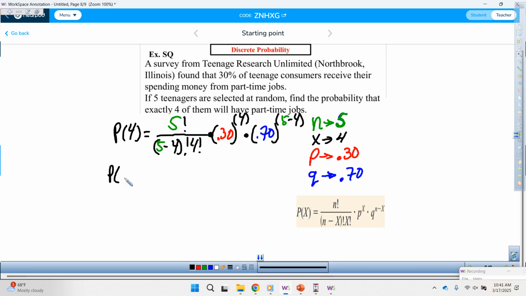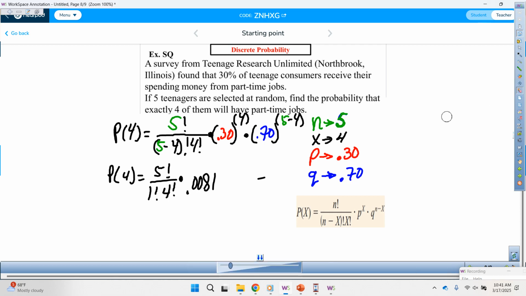All right, so P of 4 is 5 factorial over 1 factorial times 4 factorial times, what did you get for 0.30 to the 4th power, Amelia? 0.0081, okay, times 0.70 to the 1st power, so it stays 0.70.